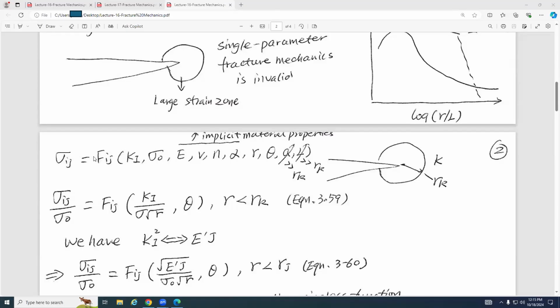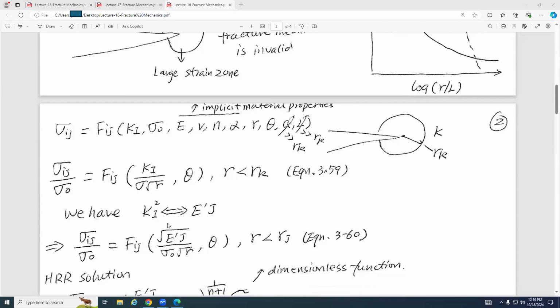As long as you know that this fij is different from the earlier one, at least in format. Here Ki has the dimension of stress multiplied by the square root of r. So up to now, the left hand side is dimensionless, these two parameters are dimensionless also, and theta is dimensionless because it is just the angle, right, guys?